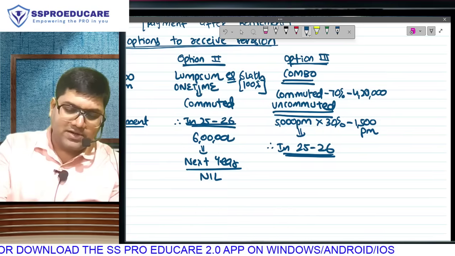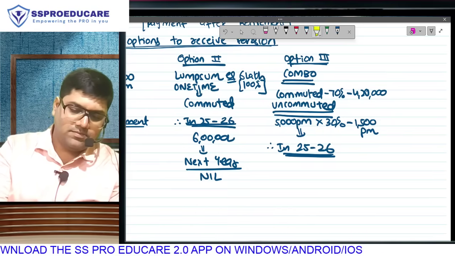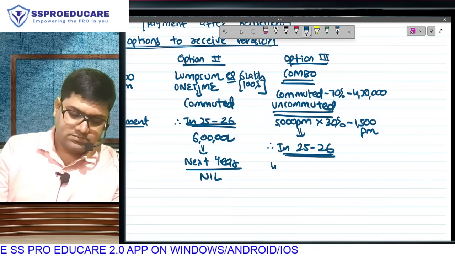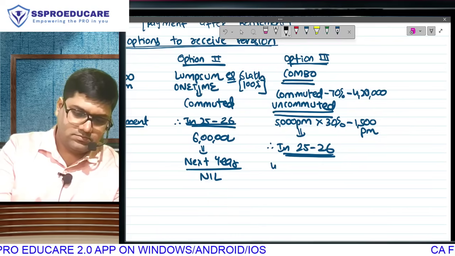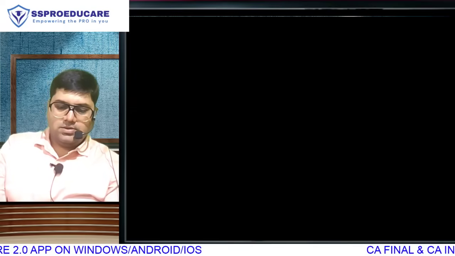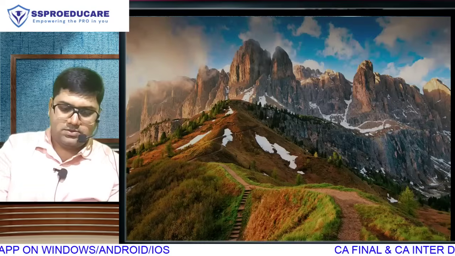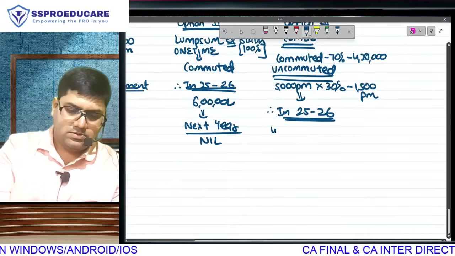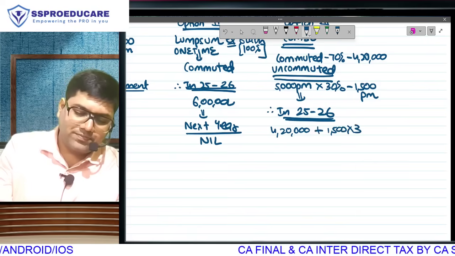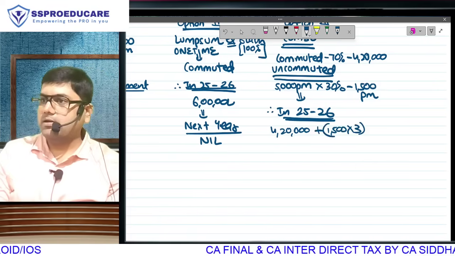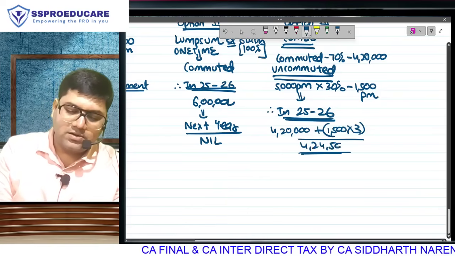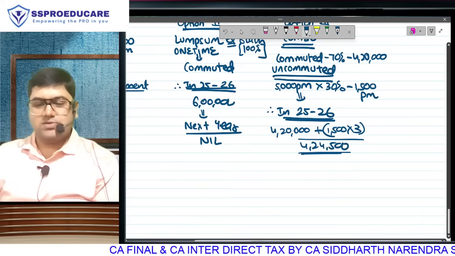Sir, how? 4 lakh 20 I am commuting, and plus 3 months ka I will also get uncommuted. Correct hai? How 3 months? Jan, Feb, March. That means 4,24,500.